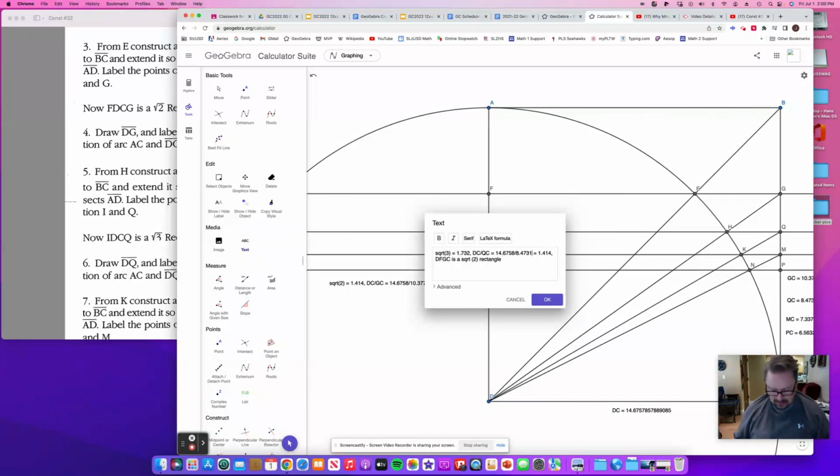And this equals 1.732. So DIQC is a root 3 rectangle.